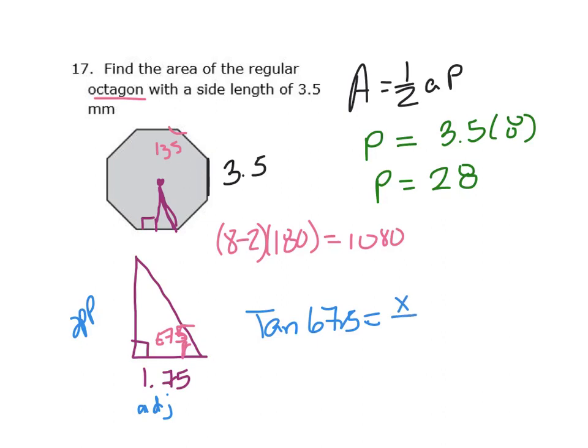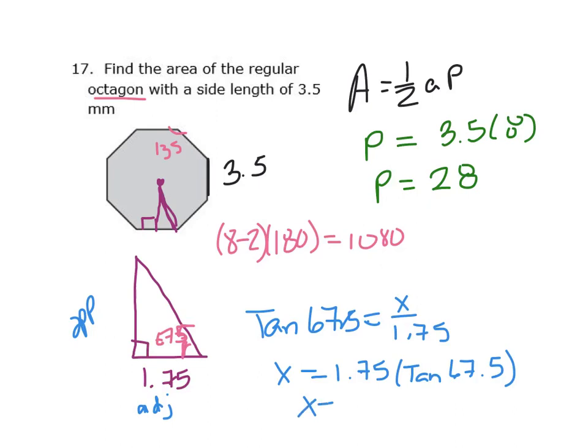And our adjacent has a value of 1.75, which means x is going to equal 1.75 times tangent of 67.5. Remember, whenever you're using trig, you want to make sure that you are in degrees.